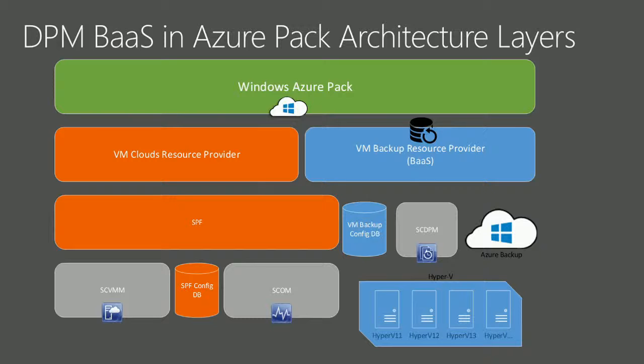If you have Azure Backup in your DPM protection groups, this will support that actually. And there's a new VM database for the BAAS that gets deployed to your Azure Pack when you install this resource provider. That stores all the settings and data around what clouds we are protecting, what VMs are in those clouds, and what plans we have, et cetera. And then you have SCOM that's collecting usage data and pushing that up.